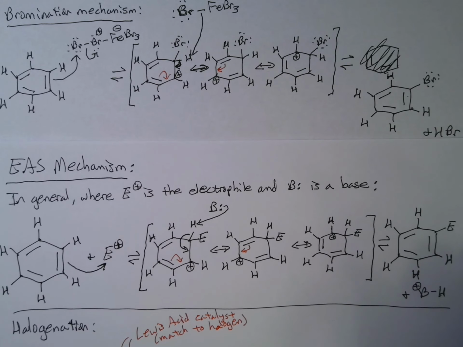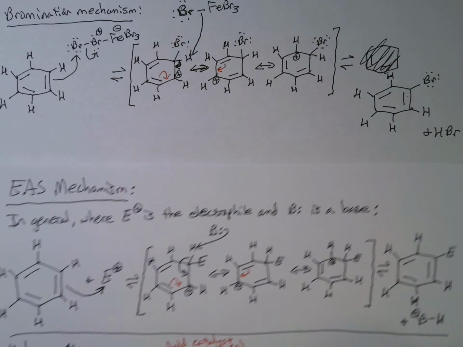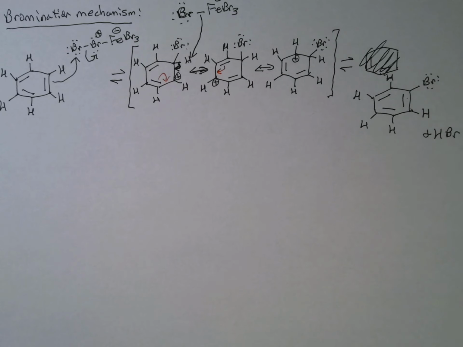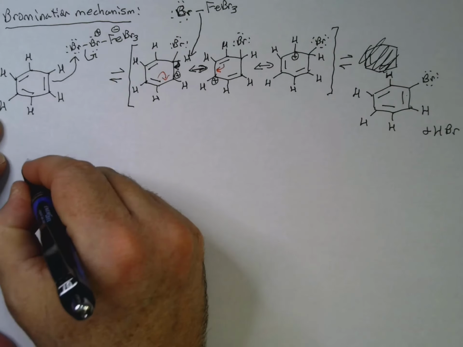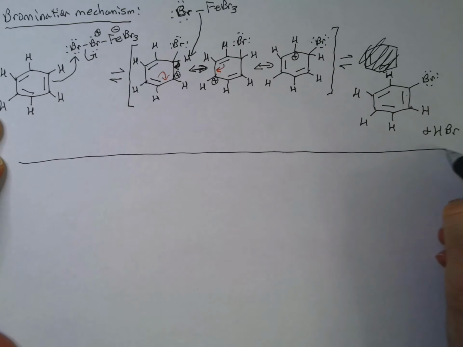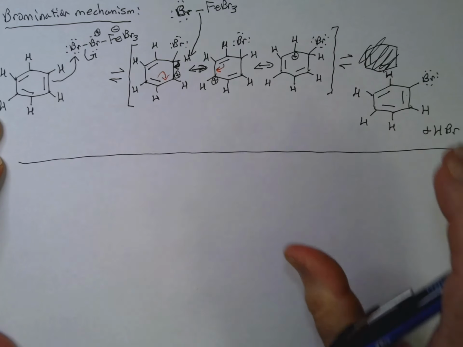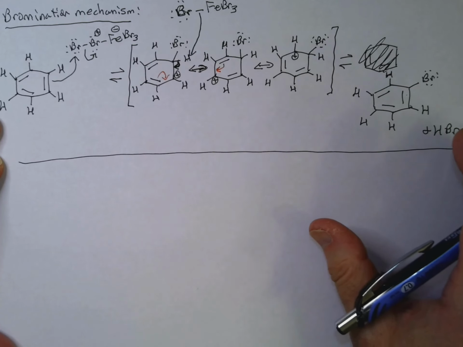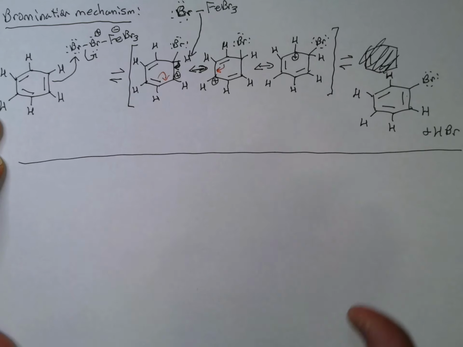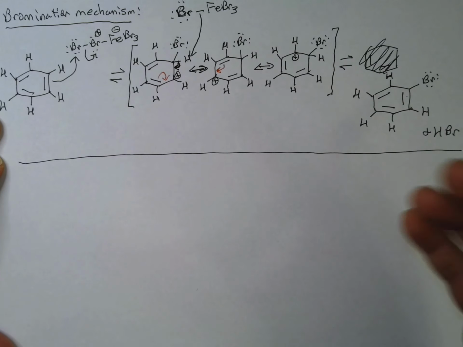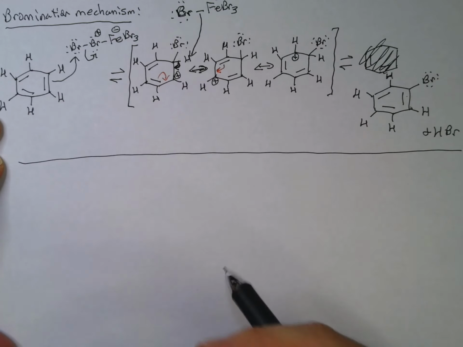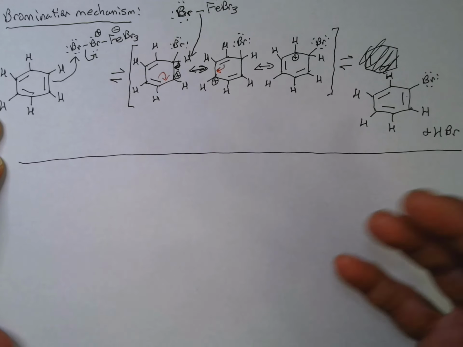Now, we have some other reactions that we can also do. I'm not going to go over these mechanisms, other than I'll show the mechanism of formation of the electrophile. Because again, the mechanism is going to be the same, only we've got a different electrophile.